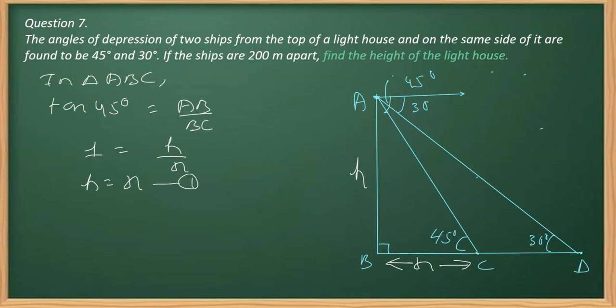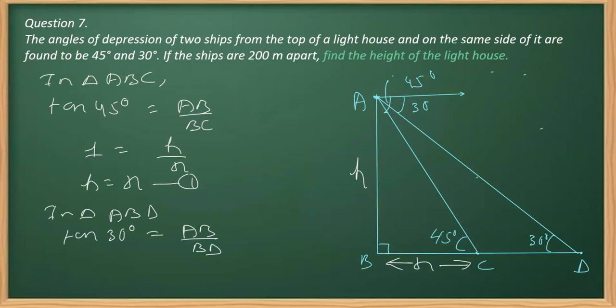Now, in the next part, we can take the other triangle here and need to mention the name of the triangle. So this time I'm taking this triangle, say ABD, and in here we are going to apply tan 30 degrees, which is equal to perpendicular, in this case AB, over the base, BD here.